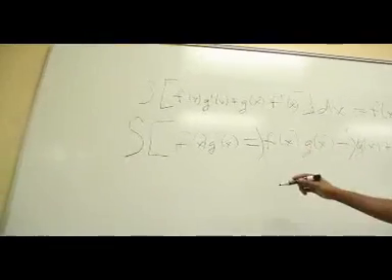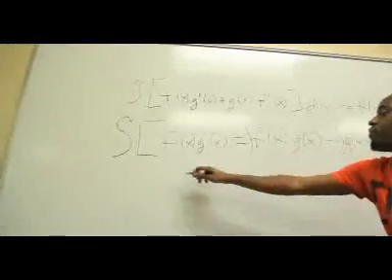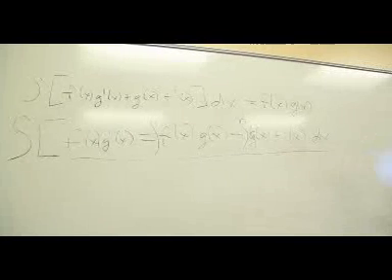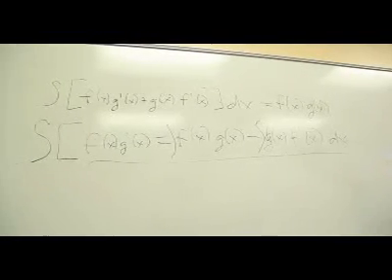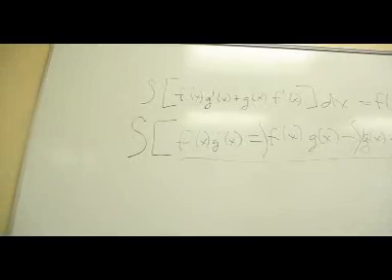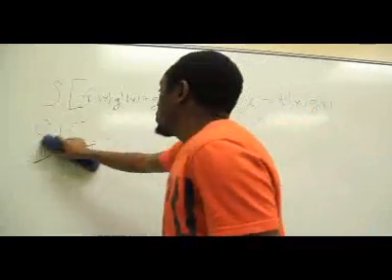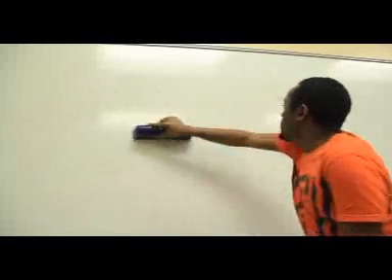Okay, now this is our function right here for integration by parts. We're going to use this to apply it to one of our functions. Now here, this is our function right here.